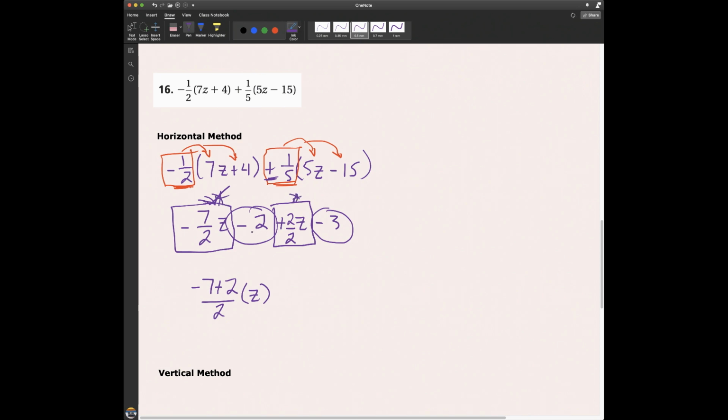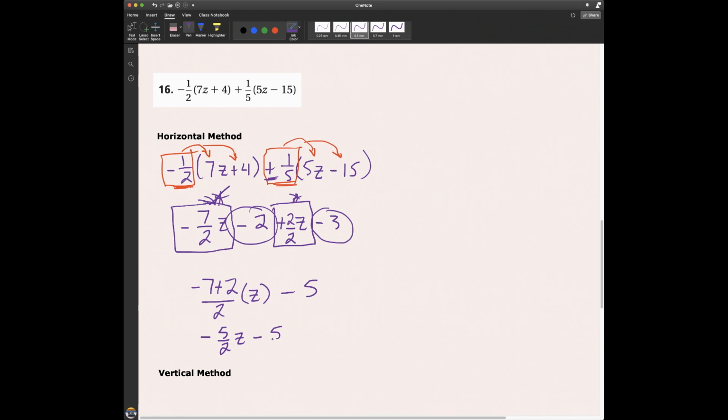And now negative 2 minus 3 is just negative 5. All right, and we can go ahead and combine the numerators here. Negative 7 plus 2 is just negative 5 over 2, or negative 5/2 z minus 5.